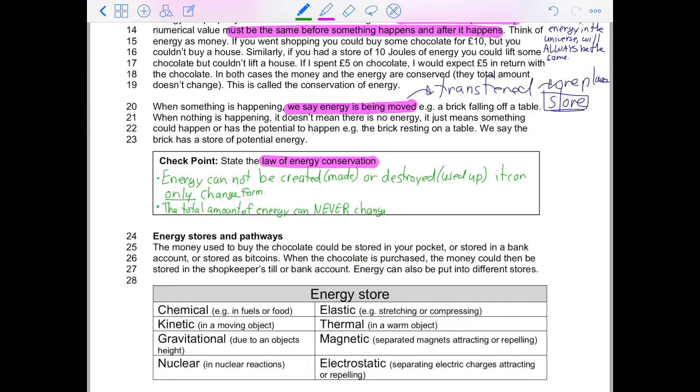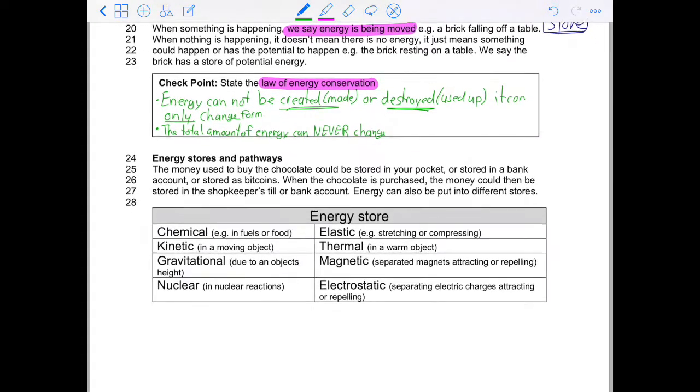So when you add up all of the forms of energy, all of the energy stores in a system, it can never change. They always need to add up to the same number. All right, so it can never be destroyed. We can never get more of it. We can never lose any. It always needs to add up to the same amount. So that is the law of conservation of energy.